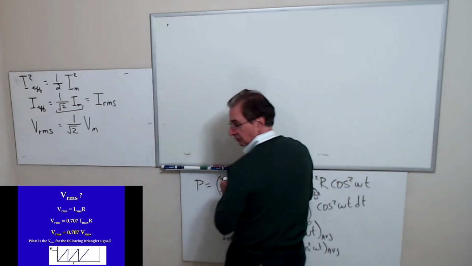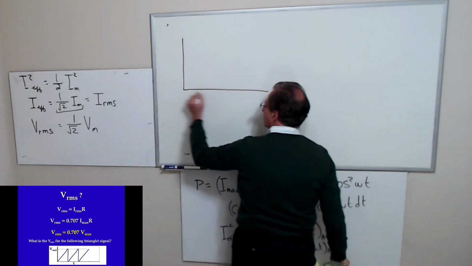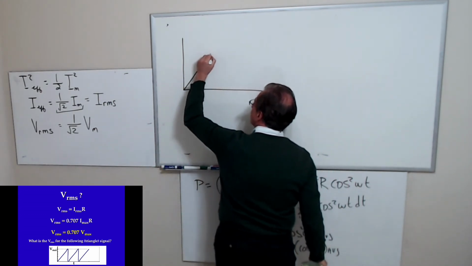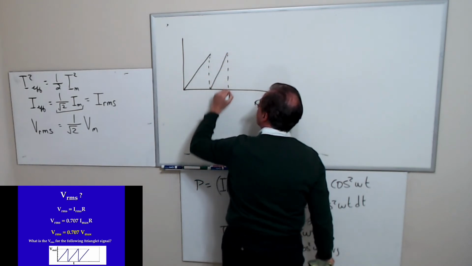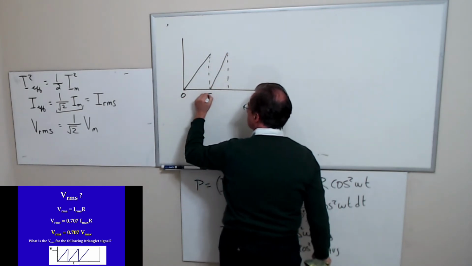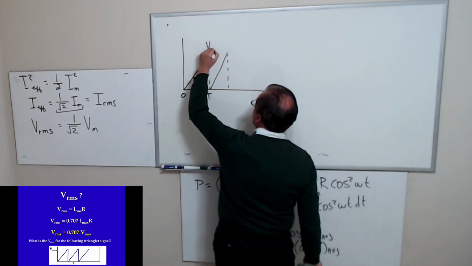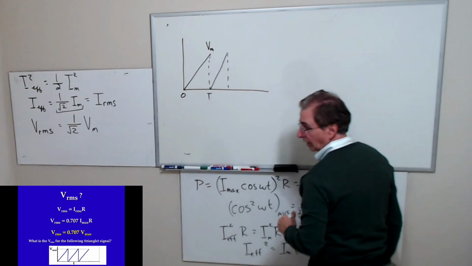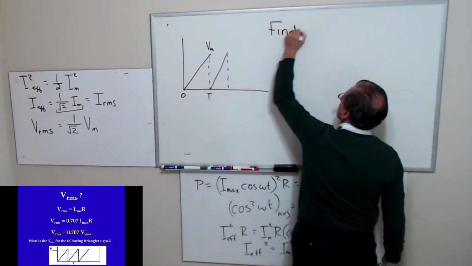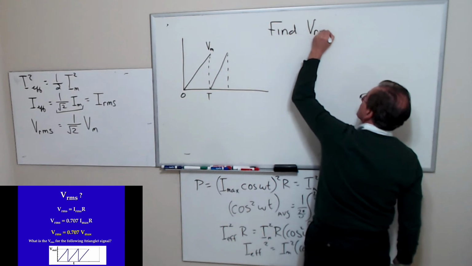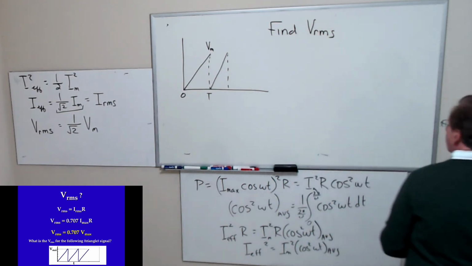It's a repetitive triangle function. So this is 0, this is the period T, and this is Vm. And I want to find Vrms for this particular type of signal.